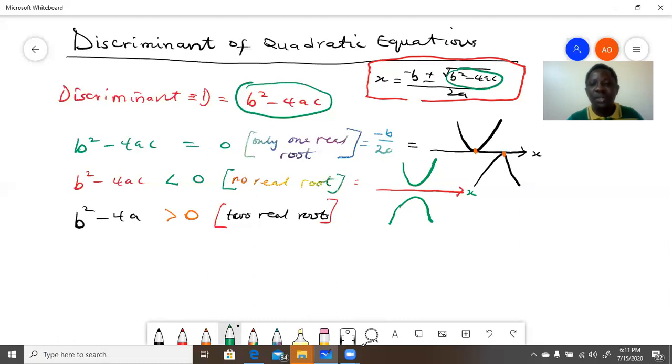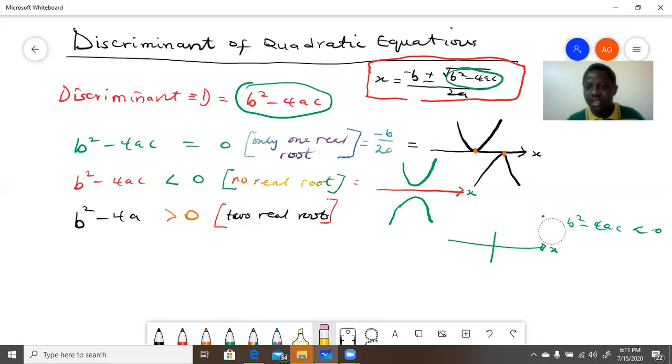So if you draw your graph, maybe like this, you didn't touch the x-axis. This is x and this is y. You didn't touch the x-axis at any point. It means the discriminant b squared minus 4ac is less than 0. That is why your graph did not touch the x-axis. I believe that is clear.